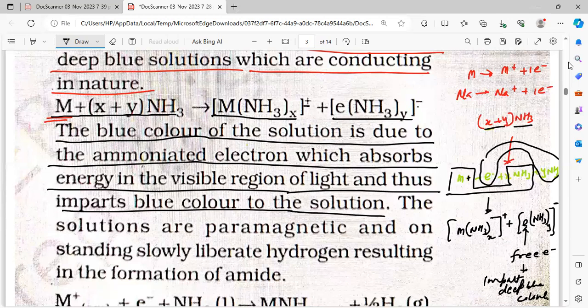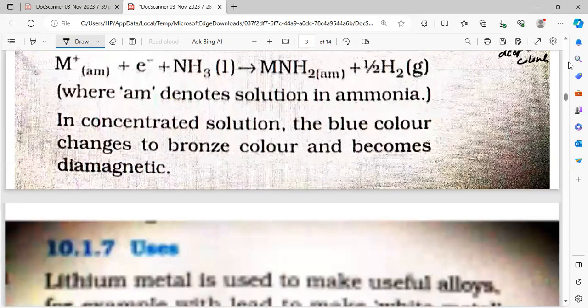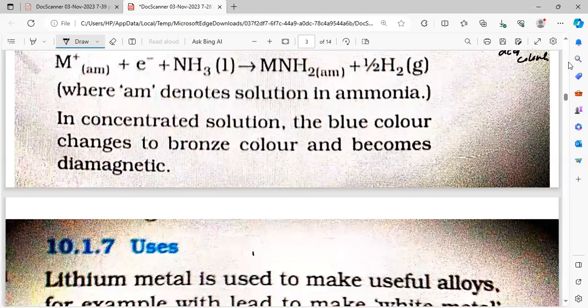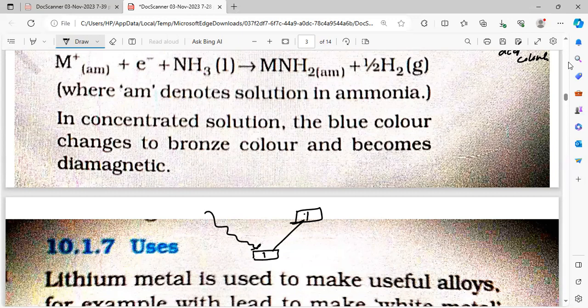So here the electron is there, and there are many higher energy orbits. Once it absorbs the energy, it will jump there, but this high energy electron is unstable, so it will fall back again, losing energy.